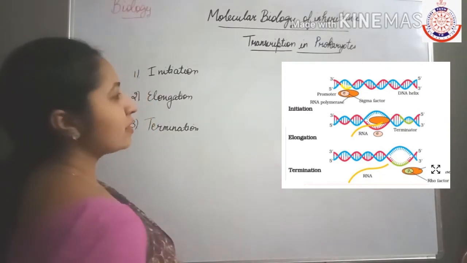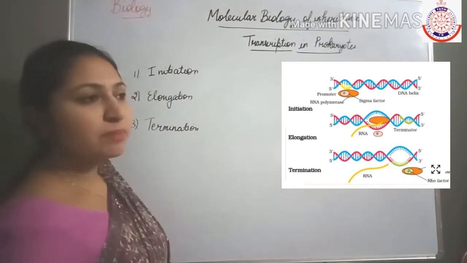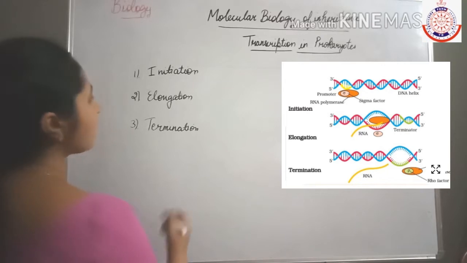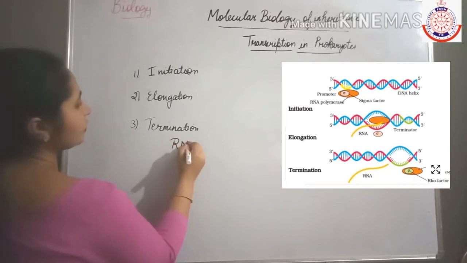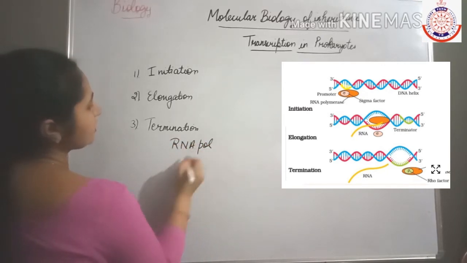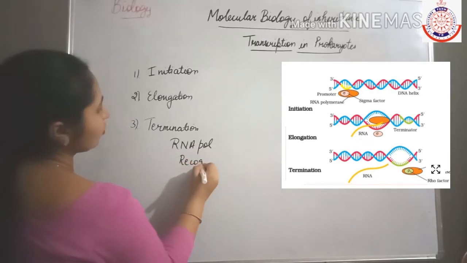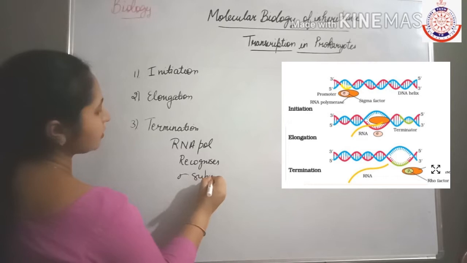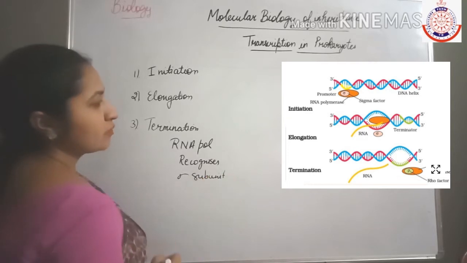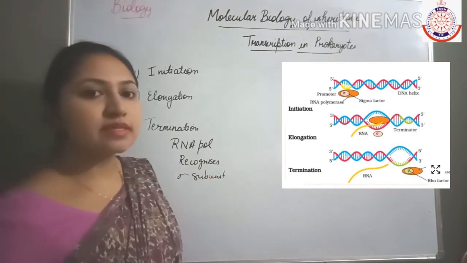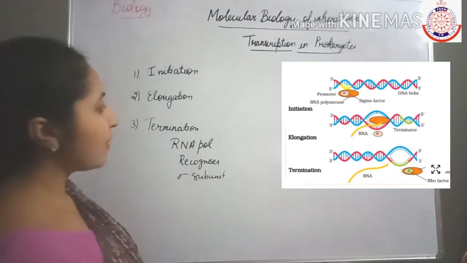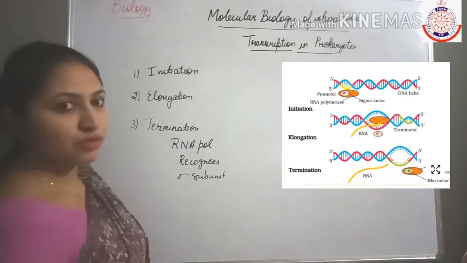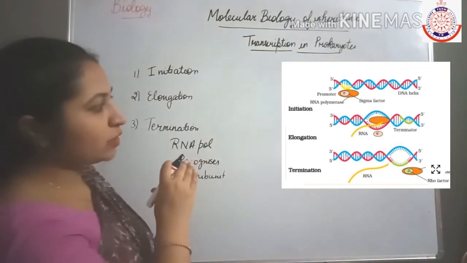So when the RNA polymerase binds with the promoter region, it recognizes the sigma subunit, and then it will bind with the sigma subunit, and then it will move over the chain.